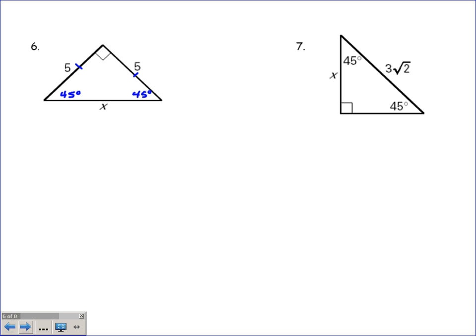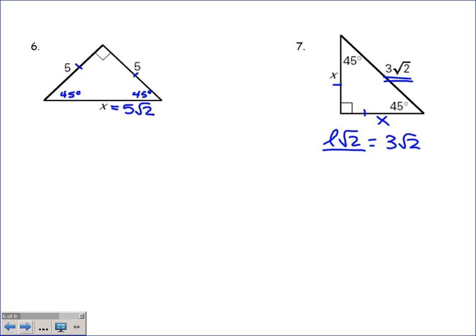So what does x have to equal? 5 times the square root of 2. That's good. Number 7, this has to be x down here. Remember that we know the hypotenuse, so we're going to write this down. We're going to say L times the square root of 2 has to equal 3 times the square root of 2.